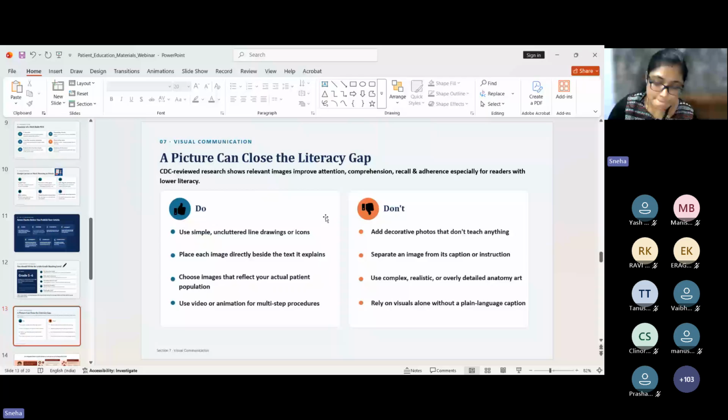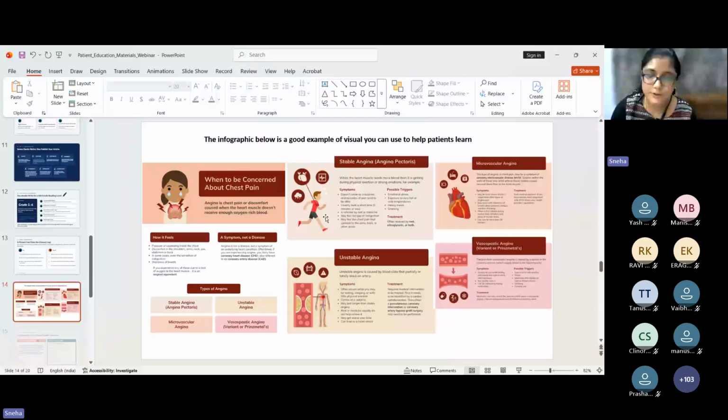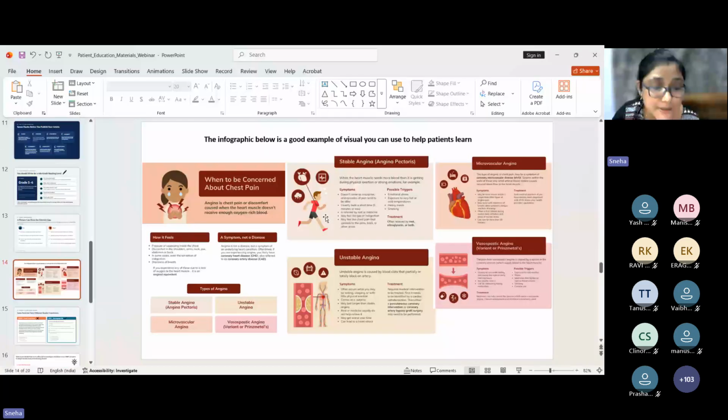Okay. So this is just an example that I'm showing here. You see how beautifully this infographic has been designed. It's a good example of a visual that you can use to help patients learn. This is about angina, and when to be concerned. This infographic covers everything about chest pain: how it feels, what the symptoms are, and what it actually is. It's a symptom and not a disease.